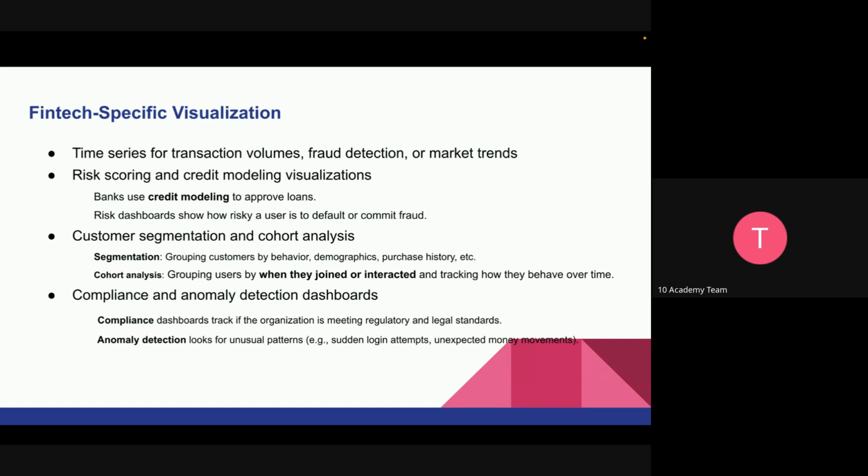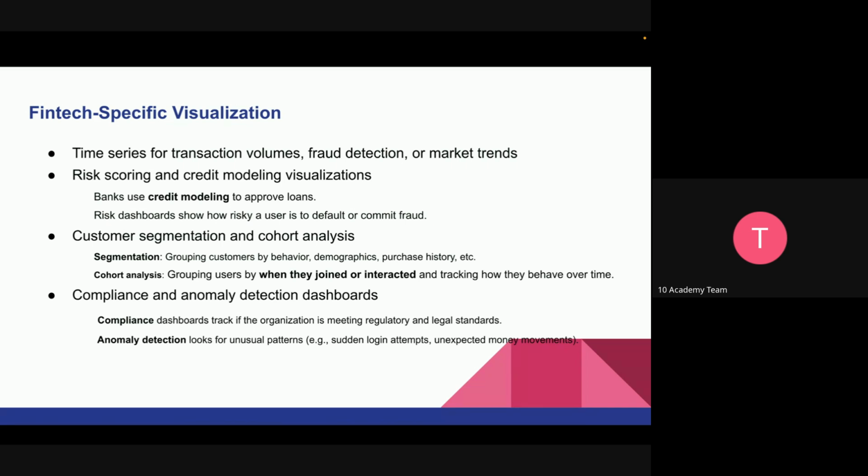Compliance and anomaly detection. An anomaly is when something abnormal or unusual happens. It will look for unusual patterns compared to the way things were. So it may be sudden login attempts, or in fintech, sudden large movements of money can be identified through this analysis and visualization.